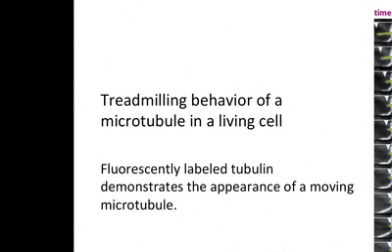The treadmilling happening is that the minus end is losing subunits, and tubulin dimers are being added at the plus end. That gives the appearance of the whole microtubule moving.